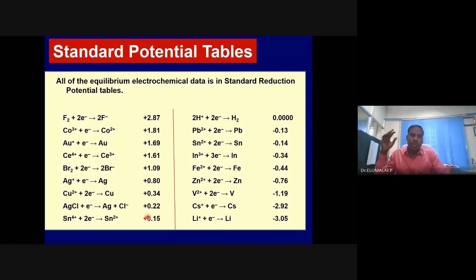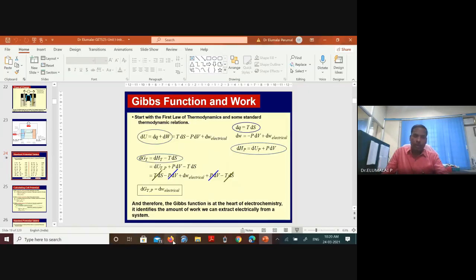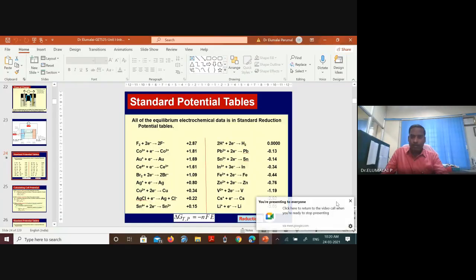So many electrodes are available, and their standard reduction potentials were already theoretically arrived at by taking hydrogen reduction as zero potential. Some are negative, some are positive. And you notice that all are reduction reactions. All are reduction potentials.